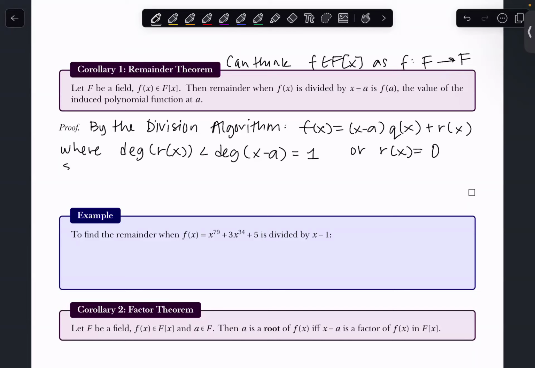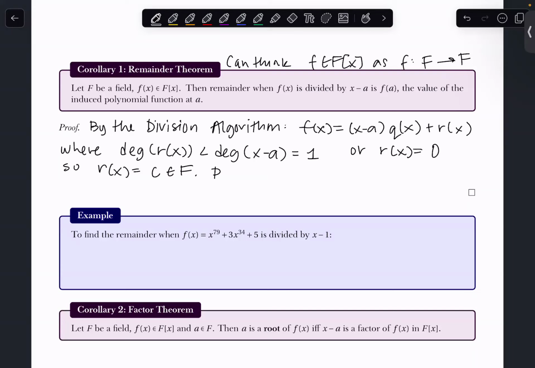So we can think of this remainder as a constant polynomial, where the constant is coming from our field. Regardless of which one it is, they both give us back constant polynomials, except one is the 0 polynomial and the other has a different constant.